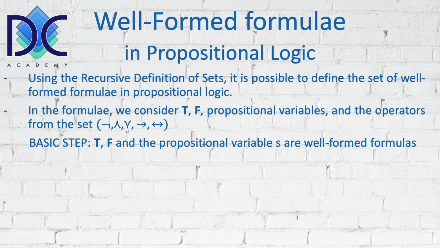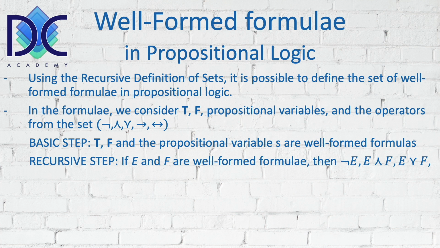So we can now start with the basic step, and we say that T and F and the propositional variables are well-formed formulas. So we start from a basic formula. The recursive step: when E and F are well-formed formulas, then E and F are basically the expression of a well-formed formula.